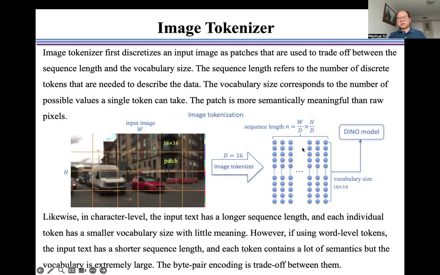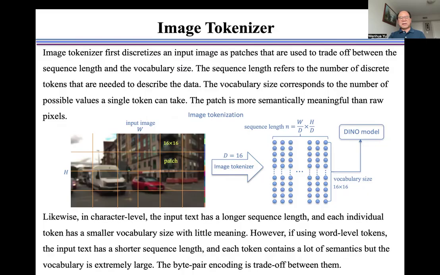And then these tokens are used as an input to the denoising model to generate the tokens that are input to the world model.